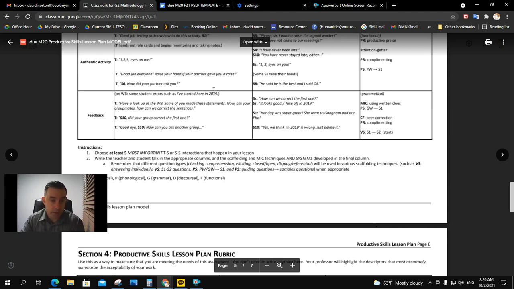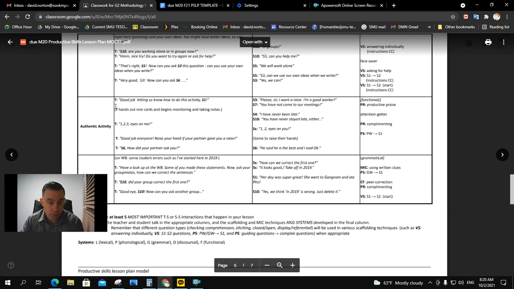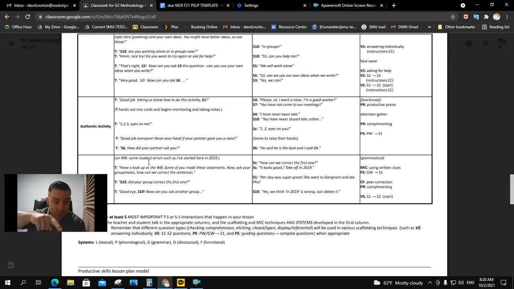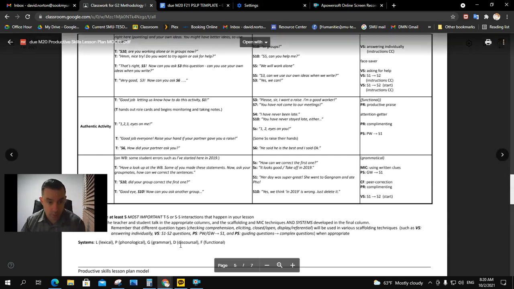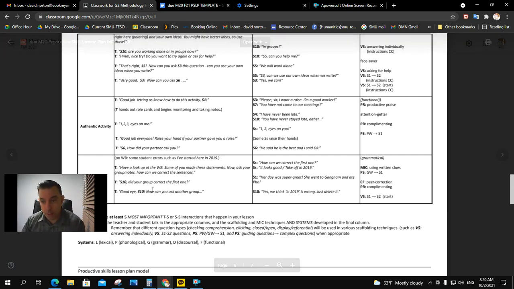What I chose was language feedback. While the teacher's monitoring during the fluency practice, the teacher takes notes about errors that the teacher hears, and then at the end puts them up on the whiteboard and has the students negotiate and address those errors. That's something I chose to do here, and it's a model for how that might be done.